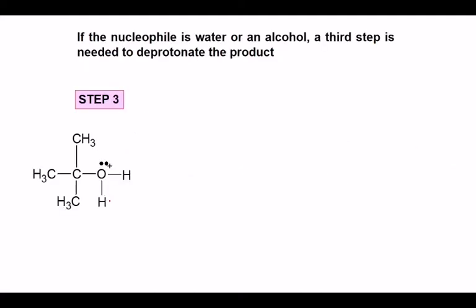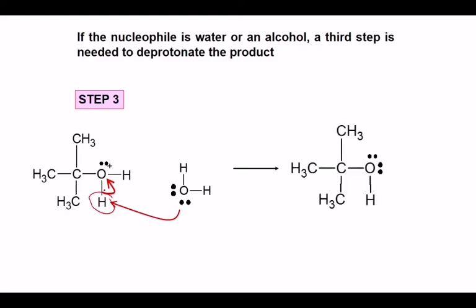Now it is as protonated alcohol, and we need to remove this H. So the H2O will involve in this step. It will attack the H, or it will deprotonate the hydrogen, and this O-H bond will break. So 2 electron will go to the O, and we will have our product plus H3O+ as our side product. Can you understand about the SN1 mechanism?